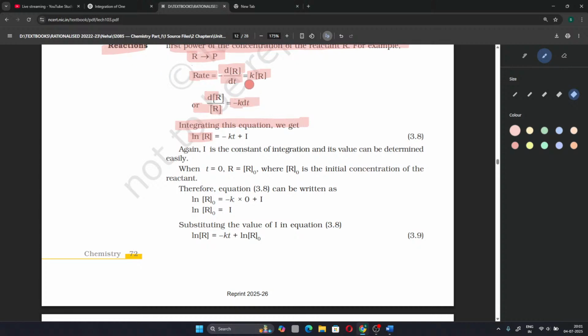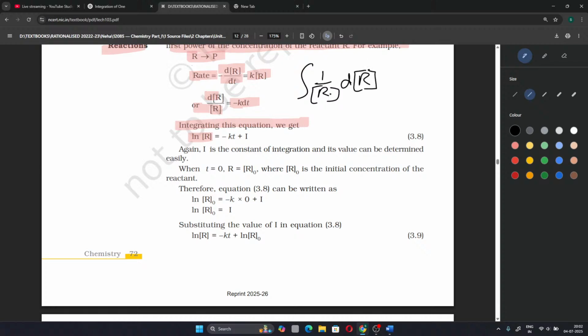The right hand side is the same as for a zeroth order reaction. Integrating minus k dt with respect to t, we will get minus kt plus I. But there is some difference in integrating 1/[R] with respect to d[R].